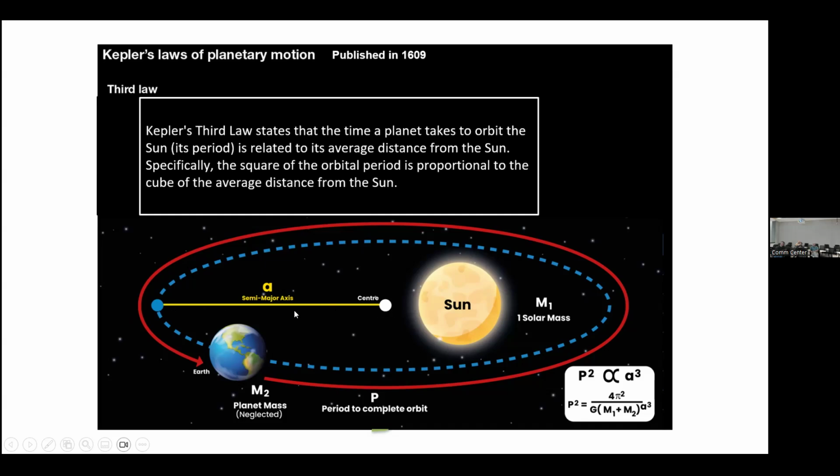Basically it's the radius, the longest axis of its orbit.